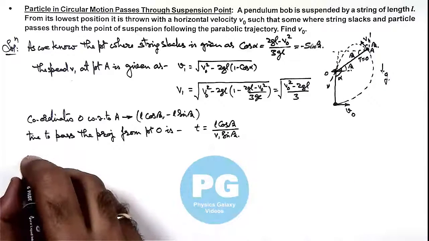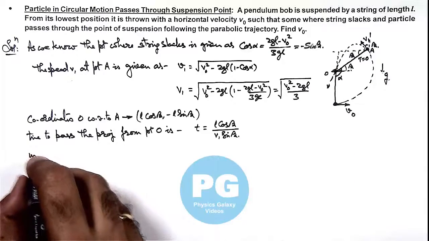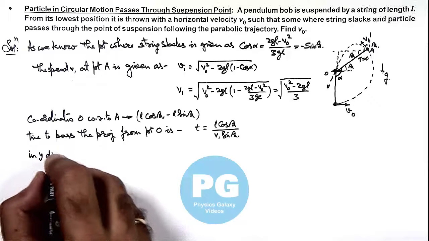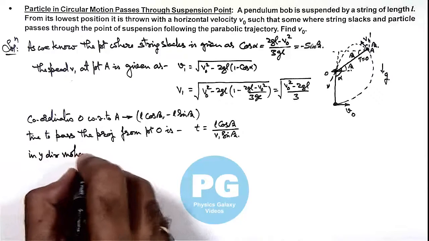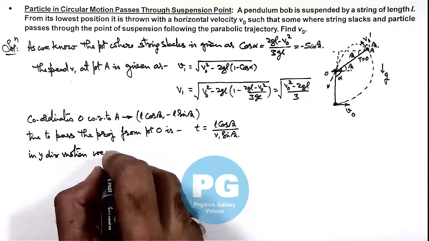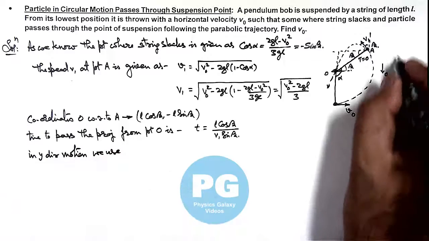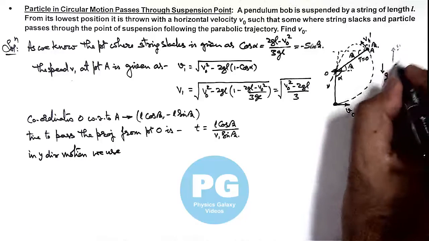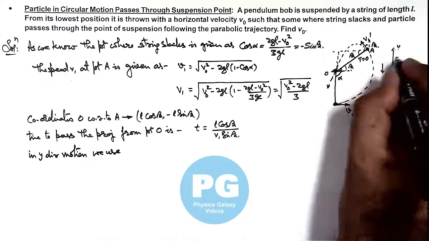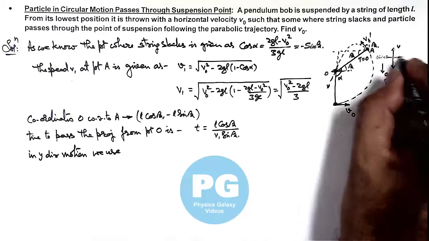So we can write, in the y direction motion, upward is taken as plus y, downward is minus y, and I am taking this as plus x, this as minus x.